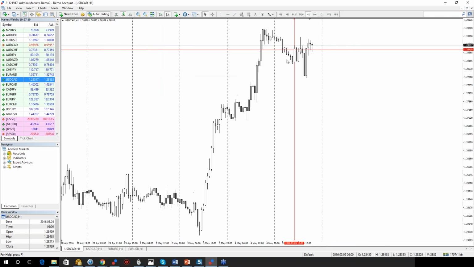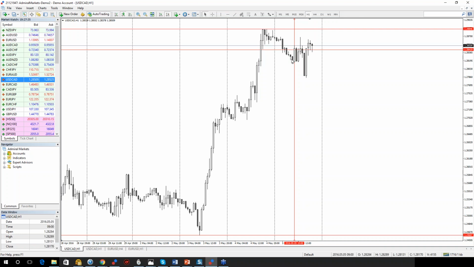So quadrants are here. 1, 2, 3. So count the 3. Mark the low. Well, the low is huge here. And the high is very close actually. So this is your interim resistance. And this is where the price should probably reject if it goes there.